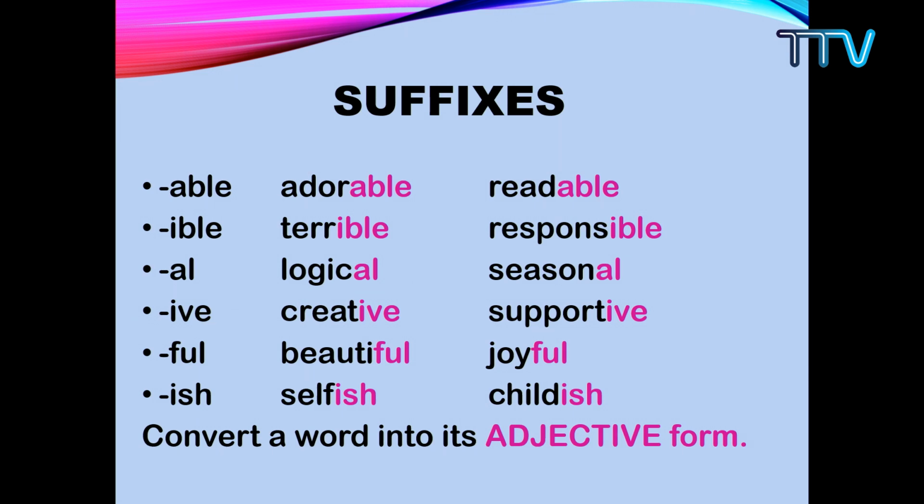What did they do? They converted the word into its adjective form. Adorable, readable, terrible, responsible, logical, seasonal, magical, creative, supportive, beautiful, joyful, selfish, childish, all these are adjectives. So you need to remember these suffixes: able, ive, ful, ish. These all convert a word into its adjective form.